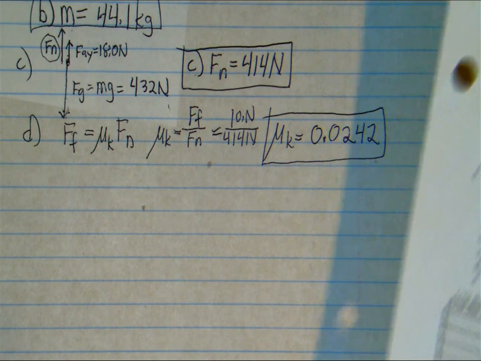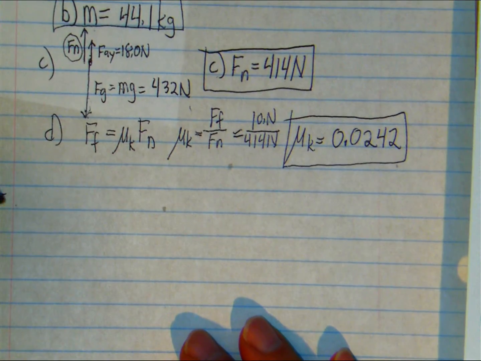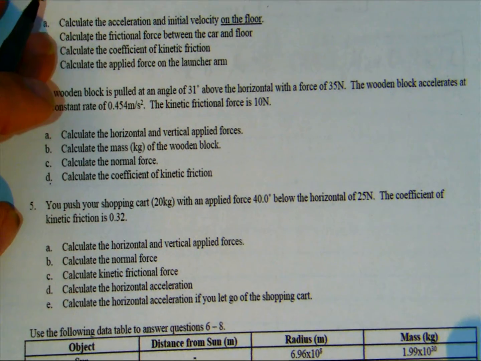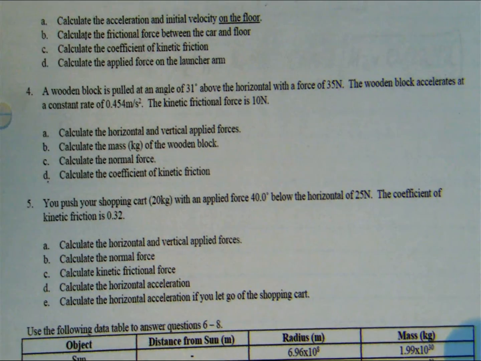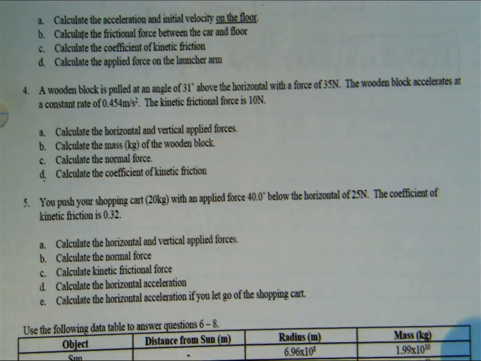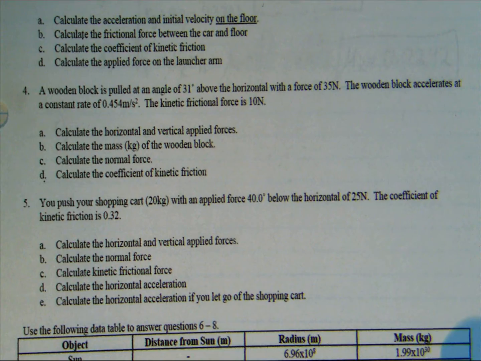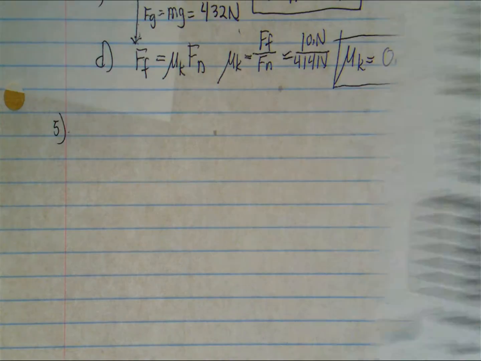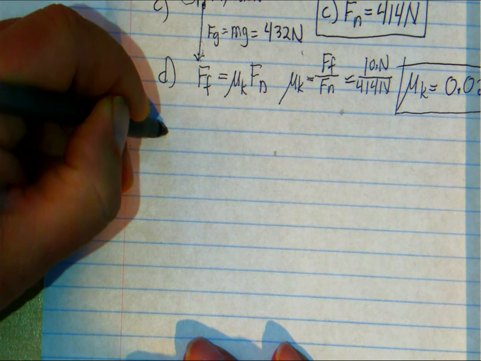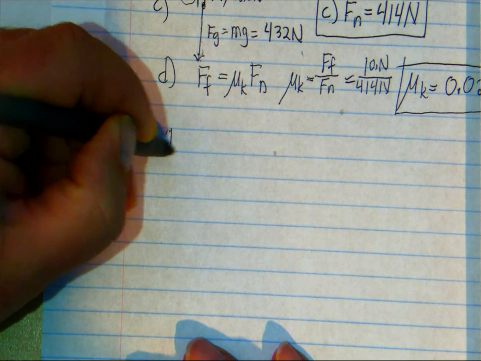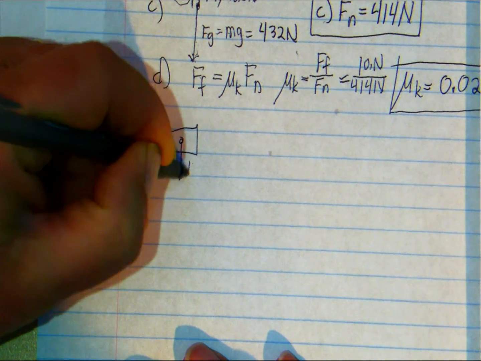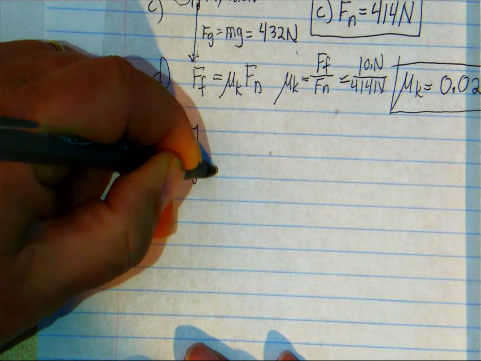Problem 5. You push your shopping cart, mass 20 kilograms, with an applied force 40.0 degrees below the horizontal of magnitude 25 newtons. The coefficient of kinetic friction is 0.32. Calculate all this stuff. All right, well, I'm not going to bother drawing the shopping cart in a very meaningful way. I'm just going to draw a box and say, look, there's the force of gravity acting down equal to its weight.